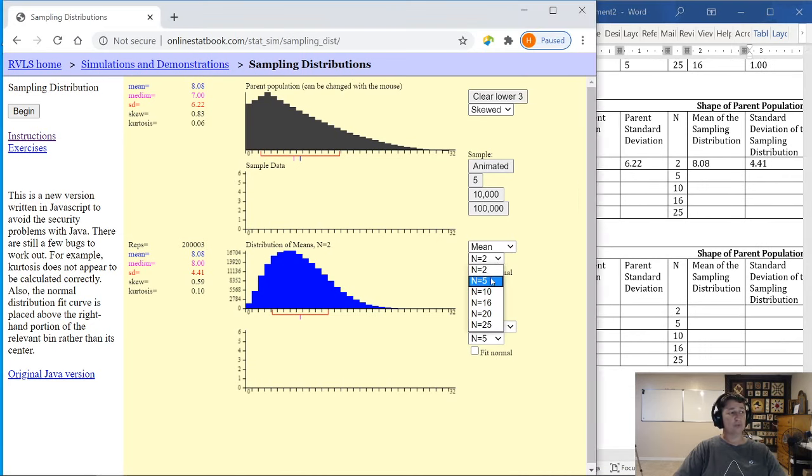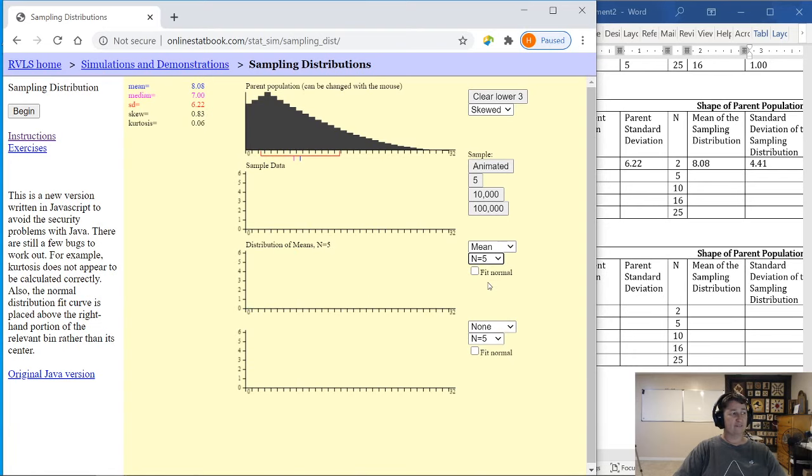So I'm going to change my sample size to 5 now. Let's again pull 5 salaries and find the mean of those 5 salaries. Let's do that over and over and over again so that we create an entire sampling distribution of those sample means. So if I do 100,000 times, 200,000 times, I have a new sampling distribution of sample means.